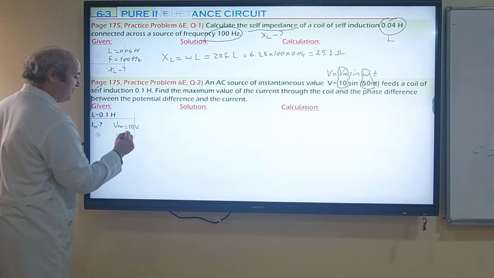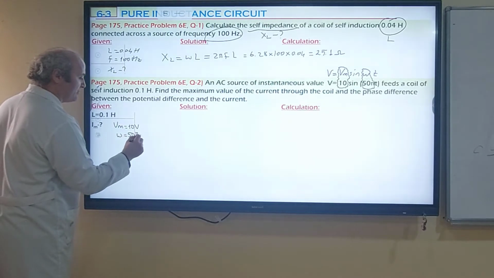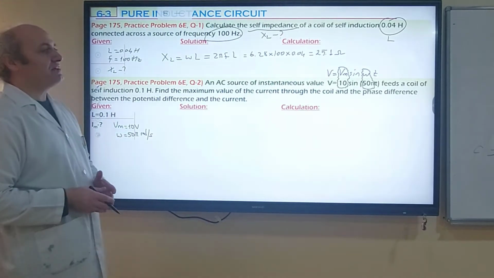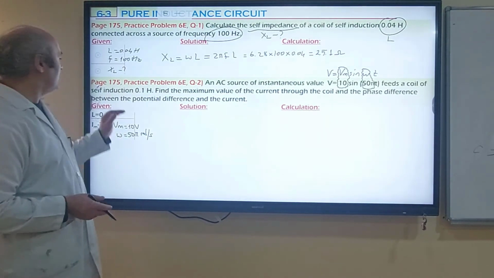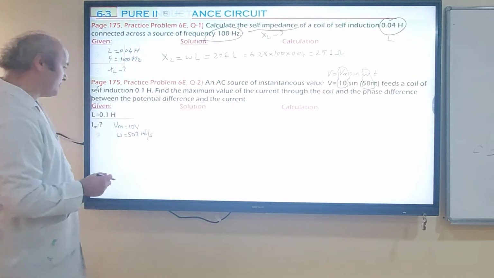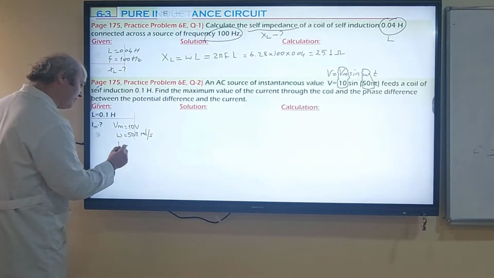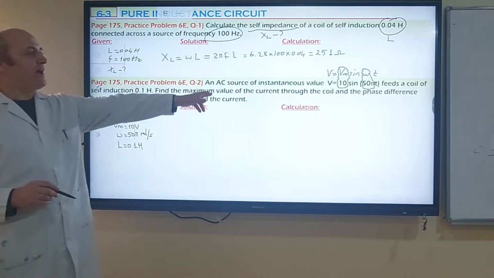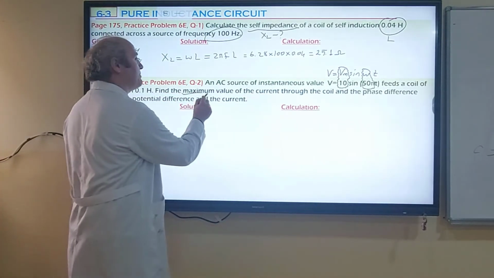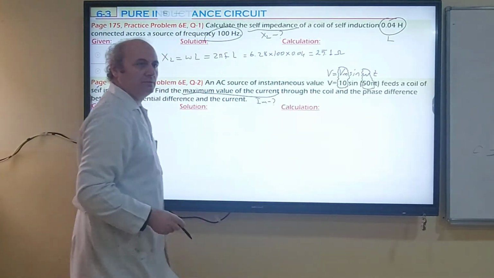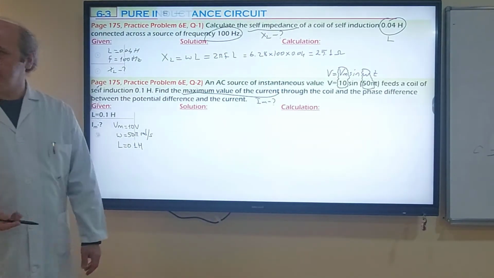Omega is 50 pi radian per second. And this generator feeds a coil of self-induction 0.1 Henry. This is L, 0.1 Henry. Find the maximum value of the current, I maximum, through the coil.